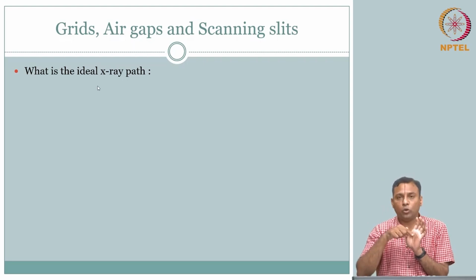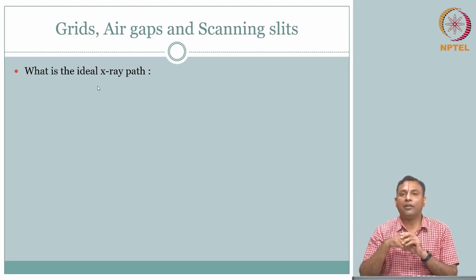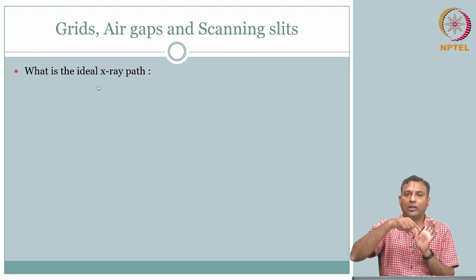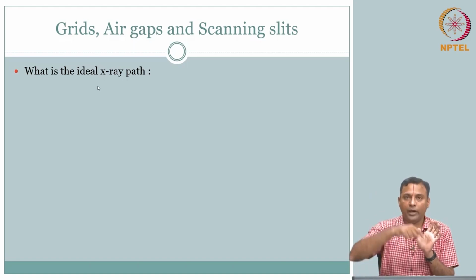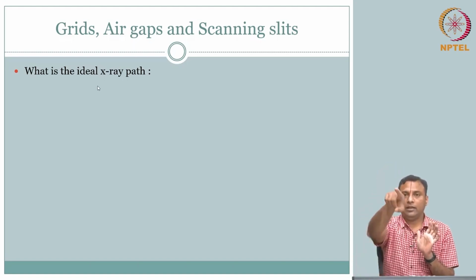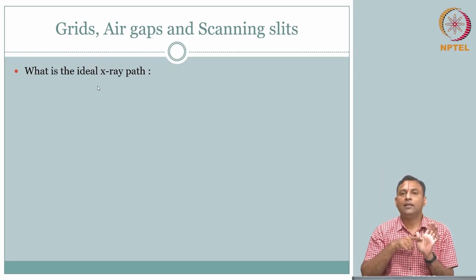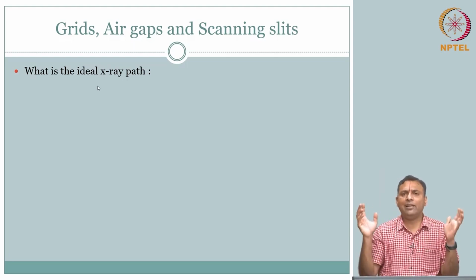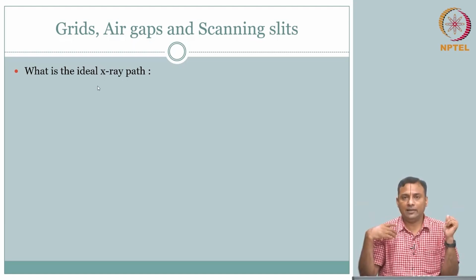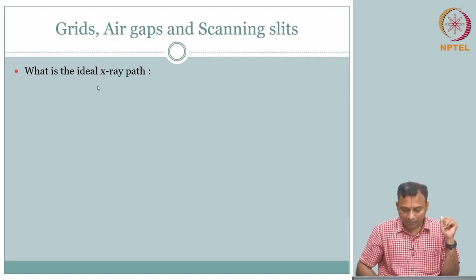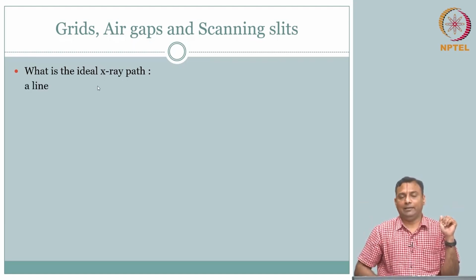The interaction took place along the line in front of the detector, the line connecting the detector point to the source point. So the material was along the line. That is our ideal scenario, that is the ideal signal. So we expect the path to be a line.